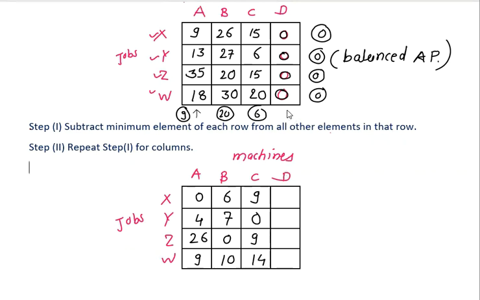And the smallest element of the fourth column is 0. So 0 will not alter the elements of column number 4. Now step number 3: cover all zeros with minimum number of horizontal and vertical lines.